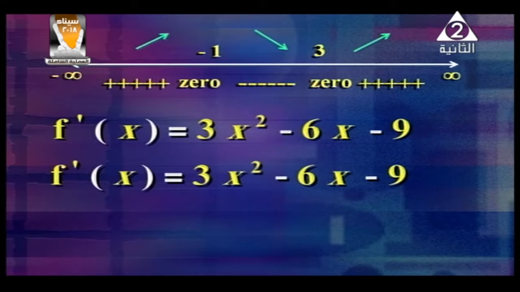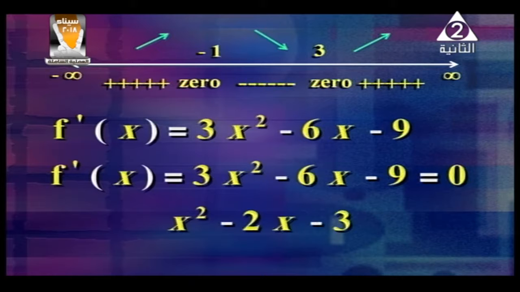We take the highest common factor 3, then f dash x becomes x power 2 minus 2x minus 3. By factorization, we find the value of x which makes f dash x equal 0.